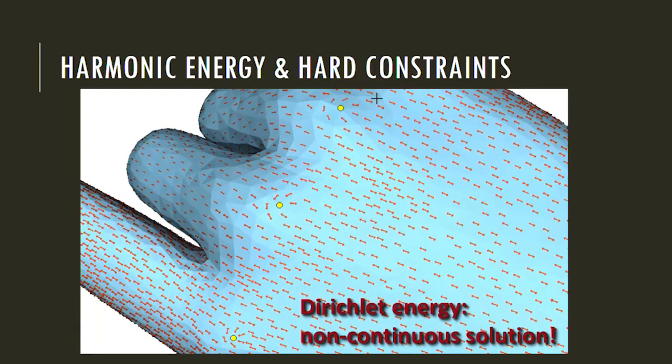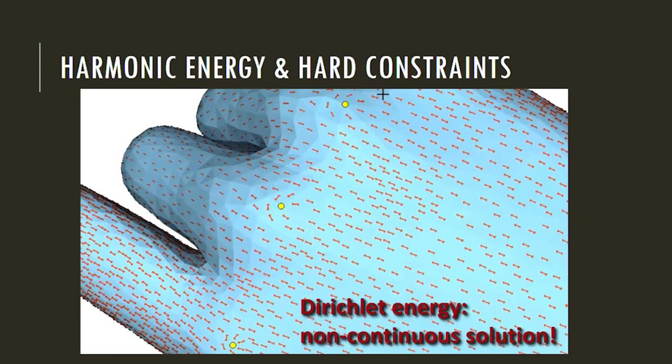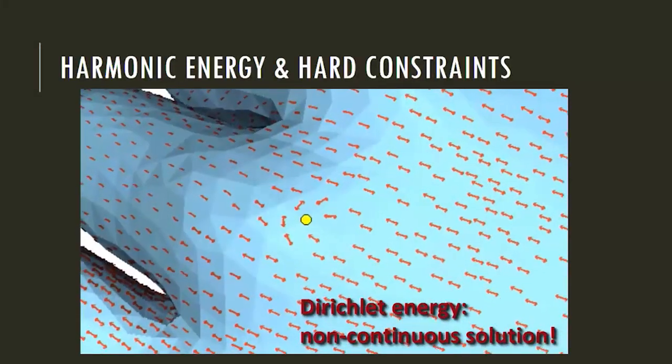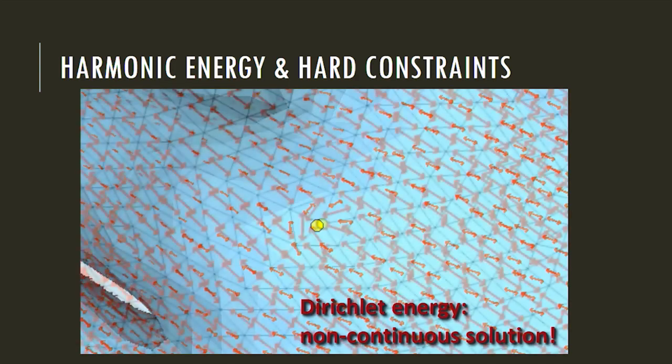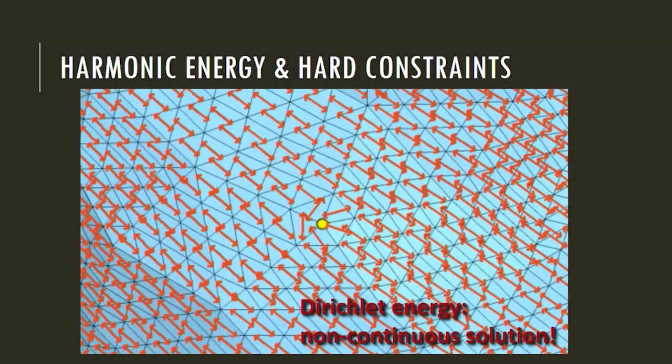So when he puts this singularity constraint, as you can see, the influence of these constraints is very local, and the field does not globally align to them. And what's worse is that when we refine the field, the influence of this hard constraint becomes even smaller, and you can see the solution depends on the triangulation, so we do not get consistent solutions.